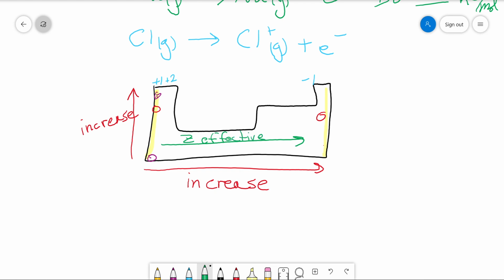Z effective increases as we go from left to right, and that's just the hold on those electrons due to an increasing number of protons as we go from left to right with the same core electrons. Okay, so just don't forget about that Z effective because it explains a lot of these periodic trends.